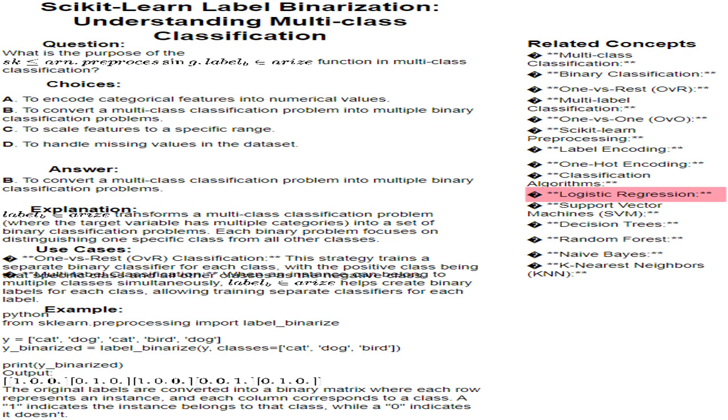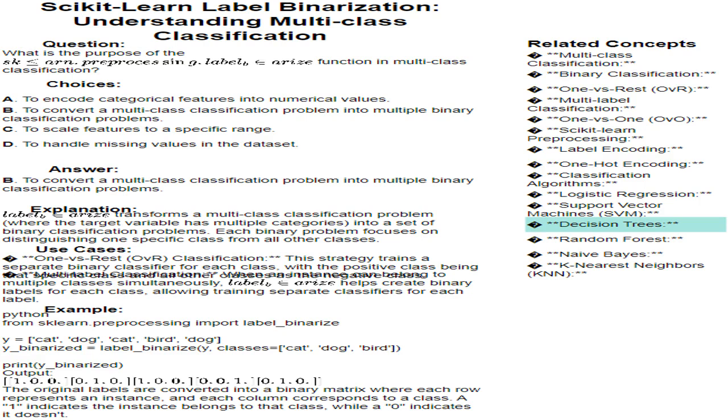It predicts the probability of an instance belonging to a specific class. Support vector machines (SVM): a powerful algorithm that finds the optimal hyperplane to separate data points of different classes. It is effective in high-dimensional spaces and works well with both linear and nonlinear data sets.